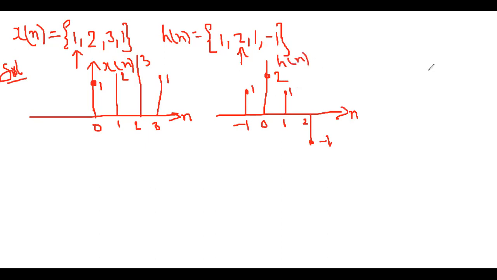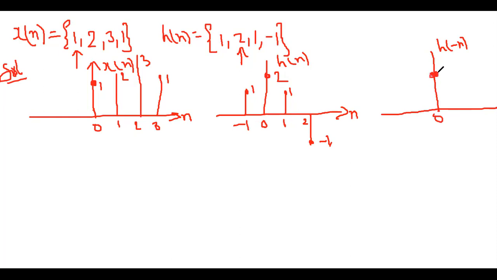Now at the first step, we have to see h of -n, the folded function. Okay, my dear students. At the fold, at 0 there is no change, it is just 2.